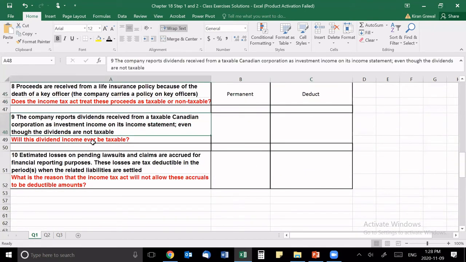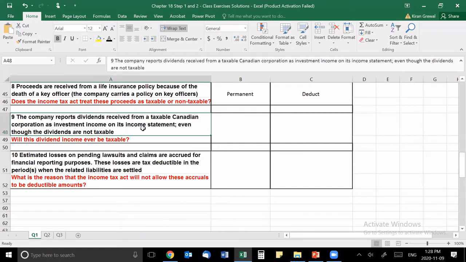Number 9, company reports dividends received from a taxable Canadian corporation as investment income on its income statement, even though dividends are not taxable. Okay? So here, dividends have been received from a Canadian company, and for accounting purposes, we've put it in investment income.